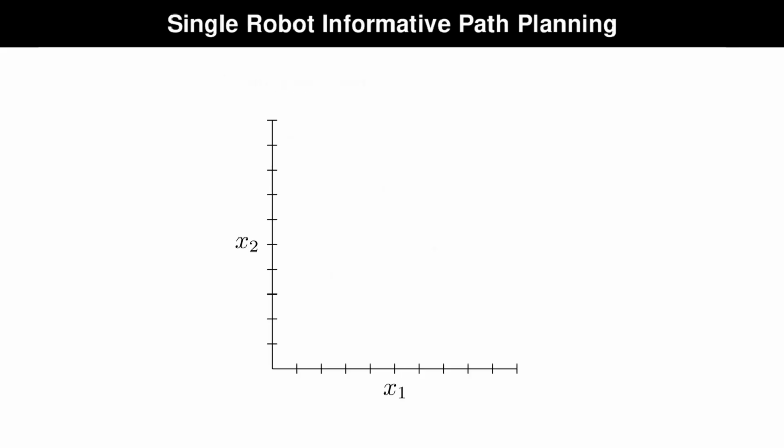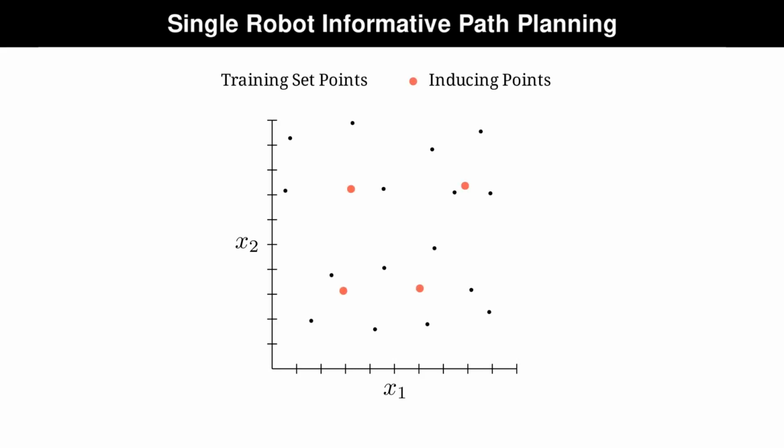In this paper, we generalized our SGP-based sensor placement method to address the informative path planning problem. We achieved this by initially setting up an SGP similar to our approach in the sensor placement problem. Next, we sample random unlabeled points and initialize the inducing points. Now here is the key difference. We used a traveling salesperson problem solver to find an initial path that visits all the sensing locations.